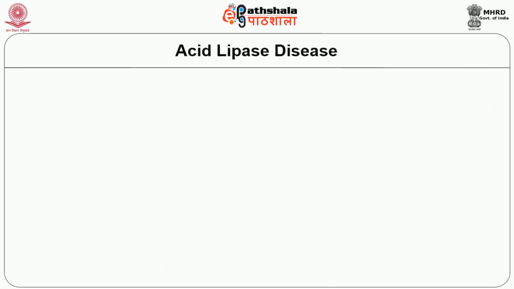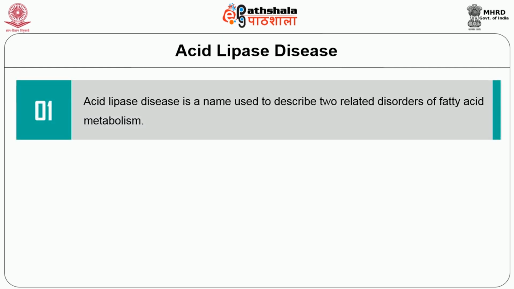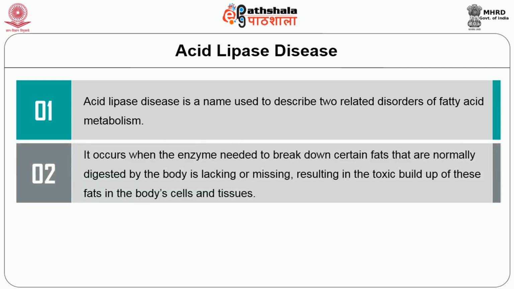Let us see the first type, that's the acid lipase disease. Acid lipase disease is a name used to describe two related disorders of fatty acid metabolism. It occurs when the enzyme needed to break down certain fats that are normally digested by the body is lacking or missing, which results in the toxic buildup of these fats in the body cells and tissues.